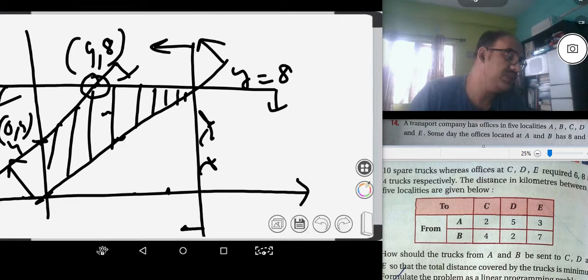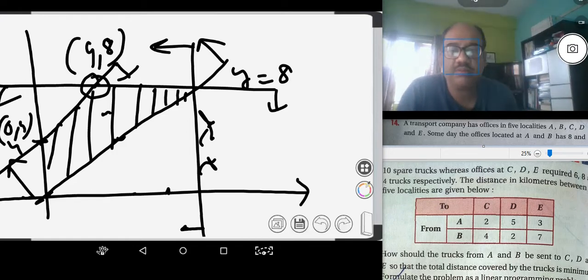I think I have made a mistake. This is 6 comma 8. No, 6. I have made the graph a little wrong, so I have to draw it again.